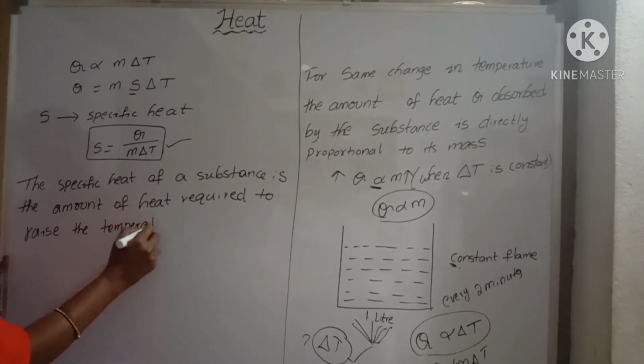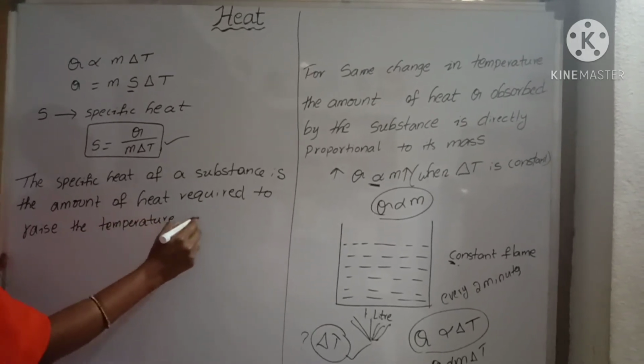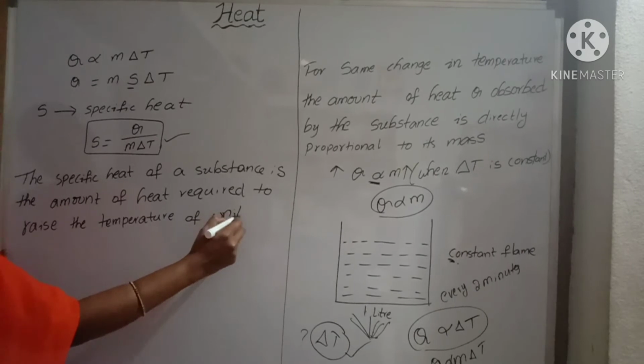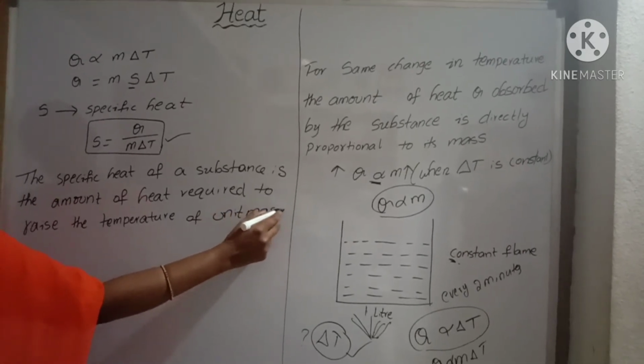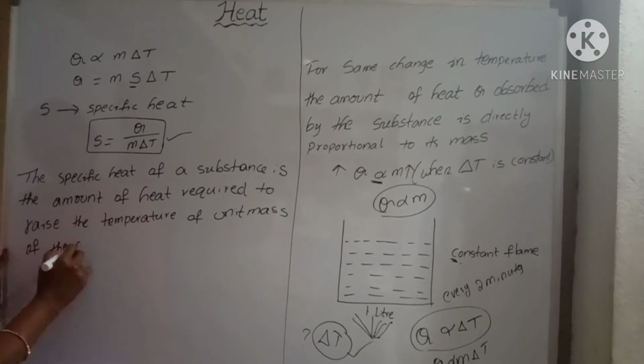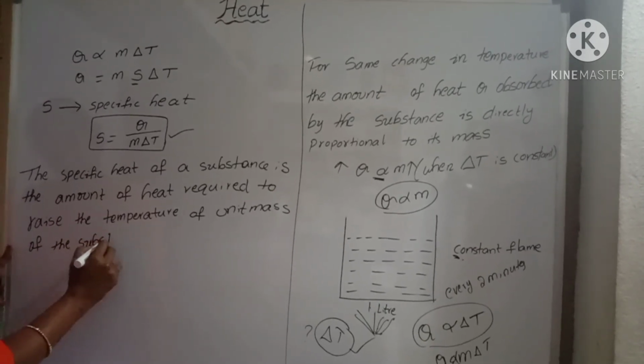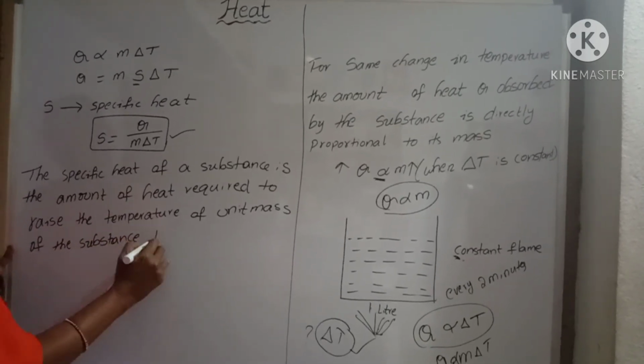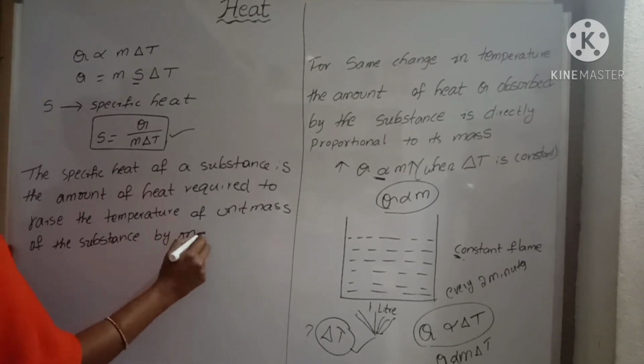Every 2 minutes, how much the temperature rises, that we have to find, so that here also Q is directly proportional to delta T. From the two conditions we wrote S equals Q by M delta T.